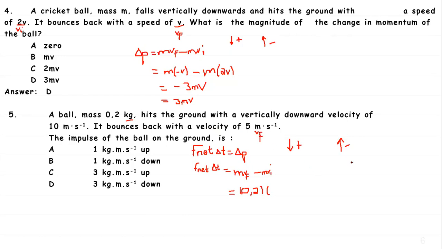And when it bounces back, it means it is going upwards. So there I will substitute 5, but remember it's a vector, so it must be given direction, and upwards is given as negative, minus the mass again. That is supposed to be a bracket. Get our pen again.